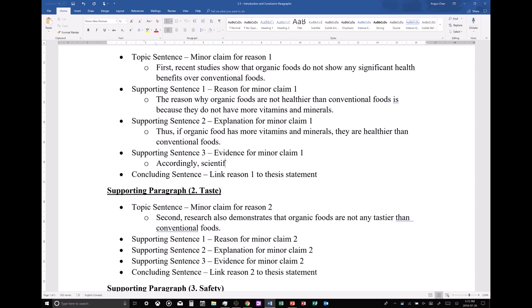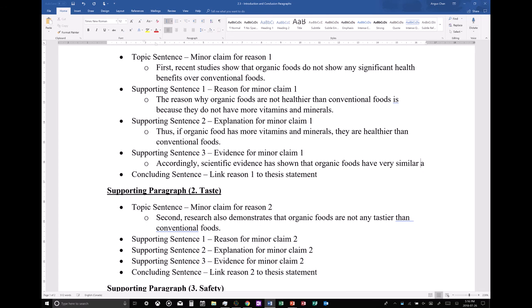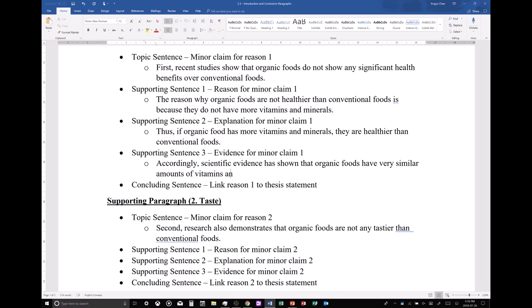Scientific evidence has shown, and I'm kind of making this up, but it is true, that organic foods have very similar levels of vitamins, similar amounts of vitamins and minerals to conventional foods.